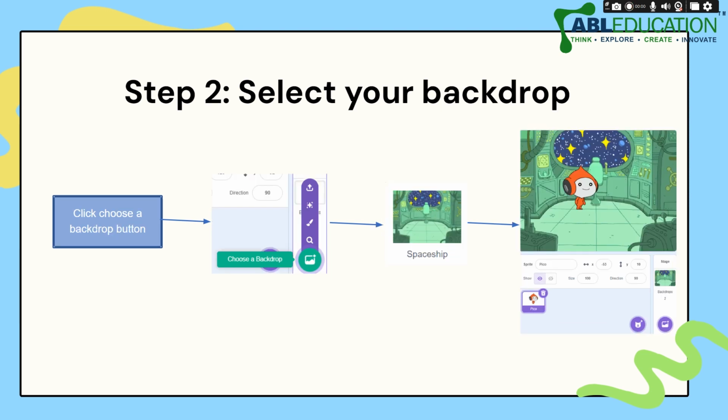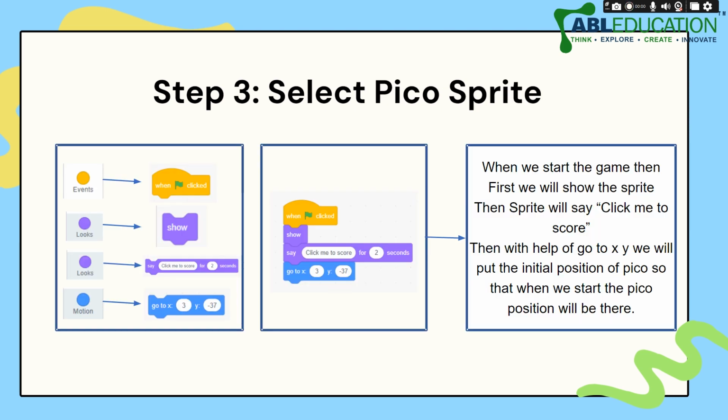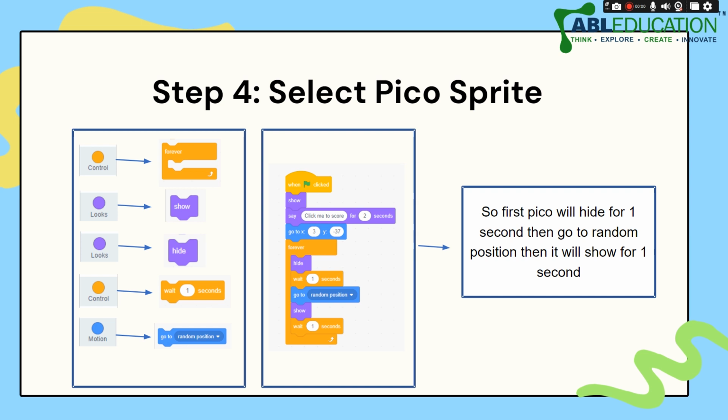We're going to choose a sprite, then choose a backdrop, and then it is a simple task that when your sprite is clicked, the score will increase by 1. Then we have some simple coding, not coding actually, we are just making logic. We are just placing blocks according to the logic.